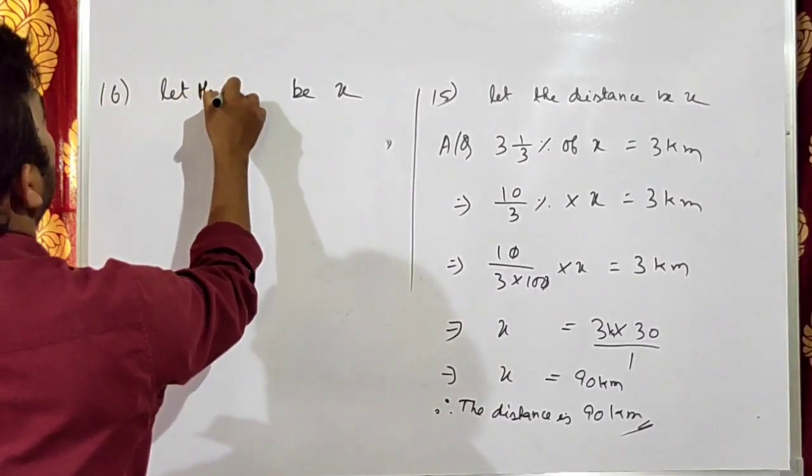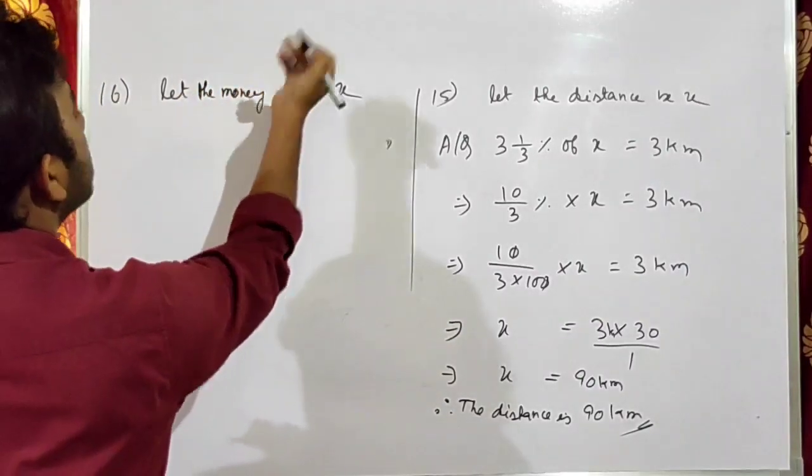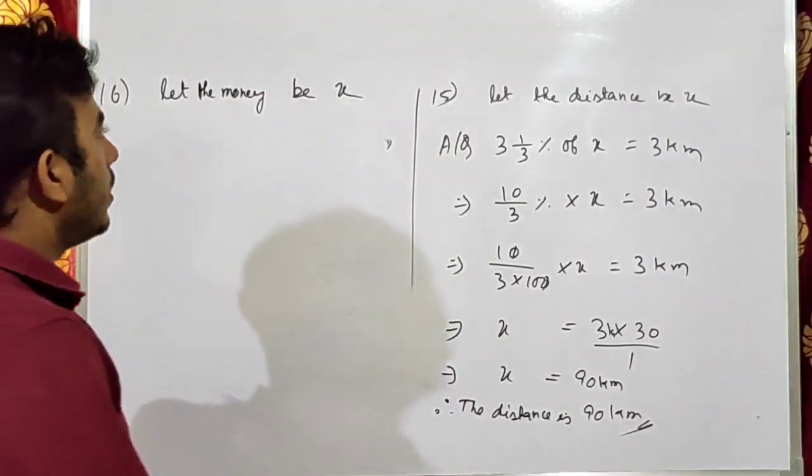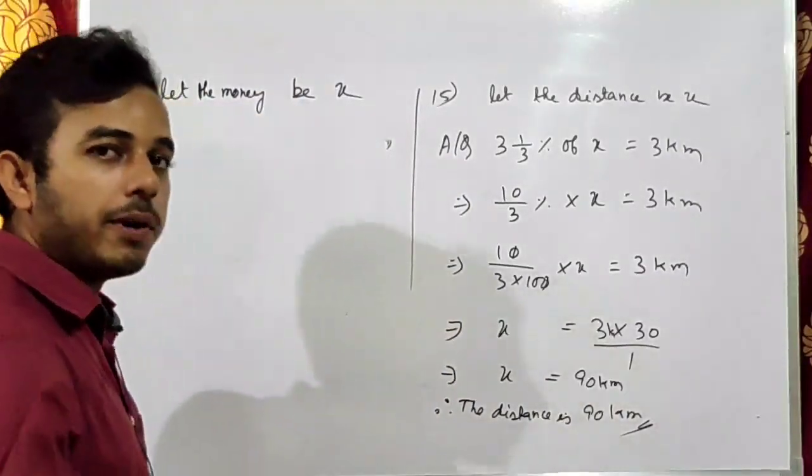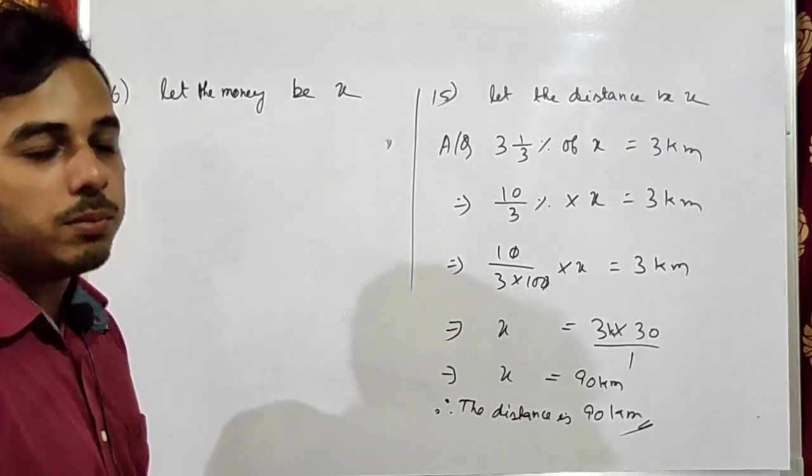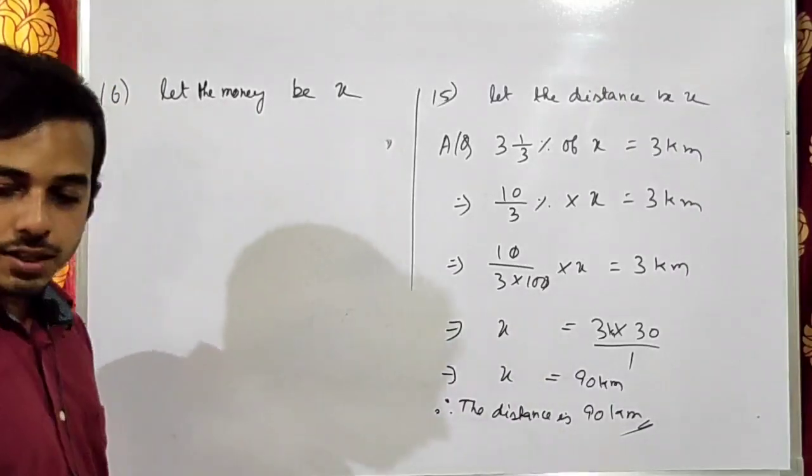Let the money. What is money? Money is everything. We can buy everything with money. We can buy happiness, we can buy sadness, we can buy everything with money. So let the money be x.